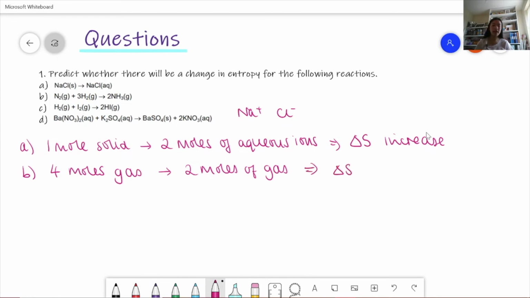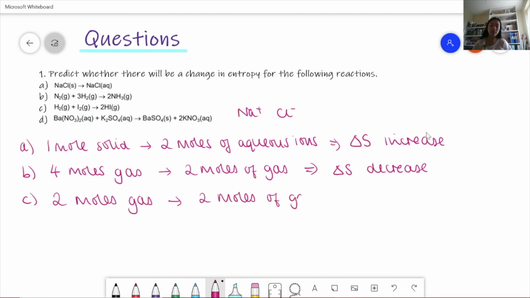And so delta S decreases. And then for C, we've got 2 moles of gas on the left, and also 2 moles of gas on the right. And that means that there'll be very, very little change in entropy because we've got the same number of moles of gas on each side. And so delta S remains nearly the same.